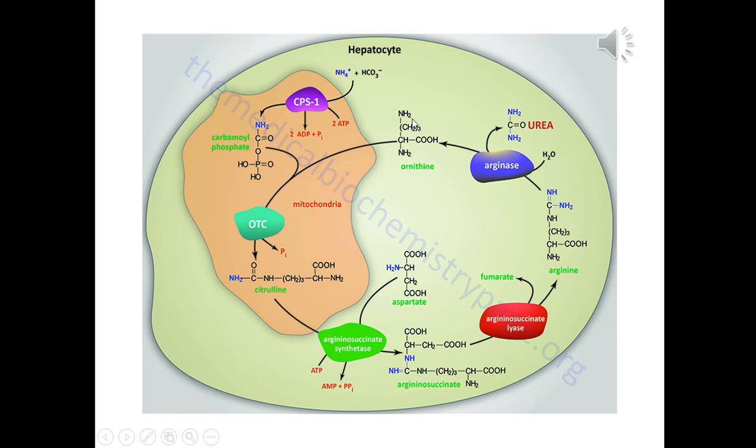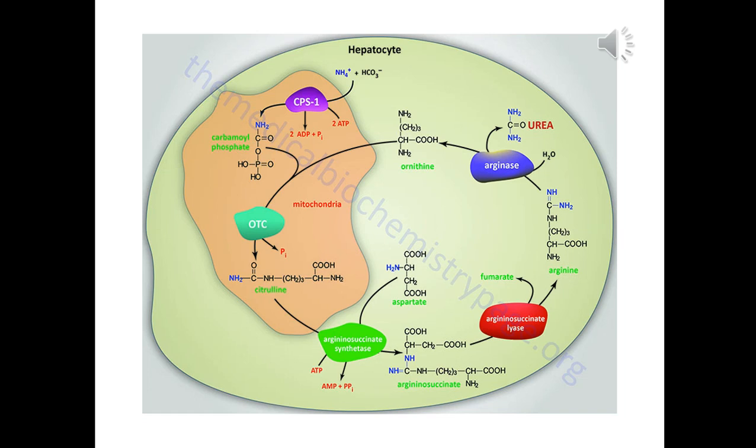This slide shows a simple explanation of the urea cycle as a diagram. The liver is the main site of this cycle. We have 2 mitochondrial steps. The first one is ammonia and CO2, and you should know the source of ammonia and CO2, converted to carbamyl phosphate by carbamyl phosphate synthetase 1, consuming 2 ATP.